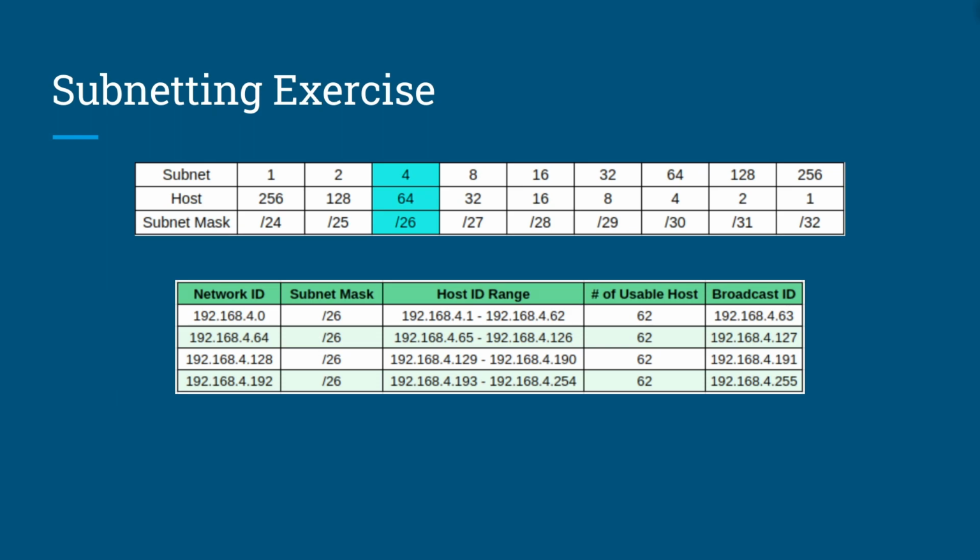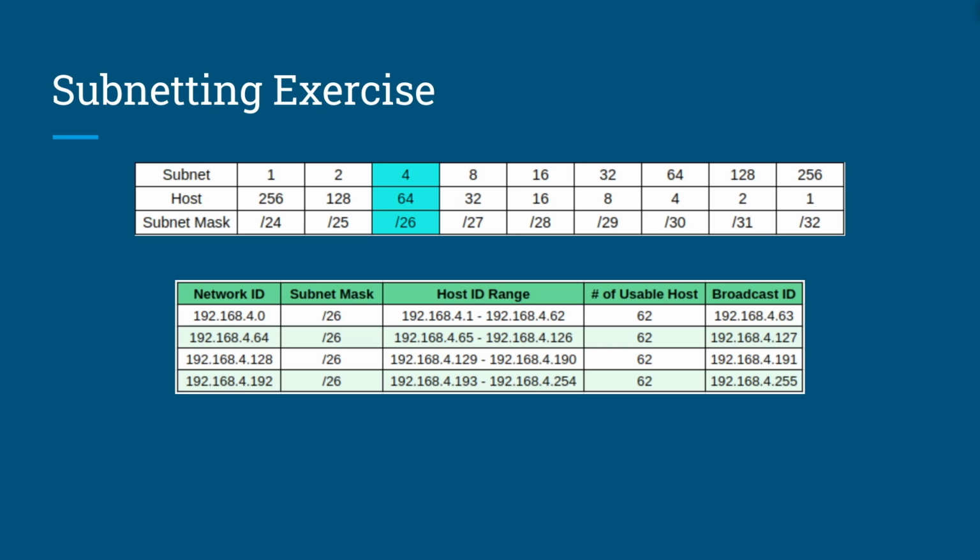For example, 192.168.4.0 plus 62 plus 1, which gives out 192.168.4.63. Then 192.168.4.64 plus 62 plus 1, which gives out 192.168.4.127. By the same logic, we end up with 191 and 255.